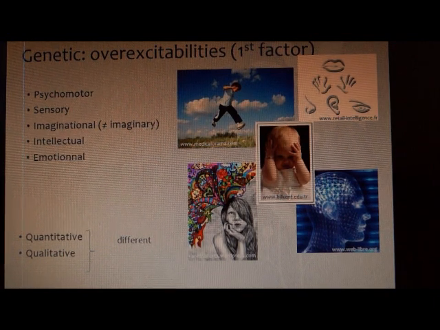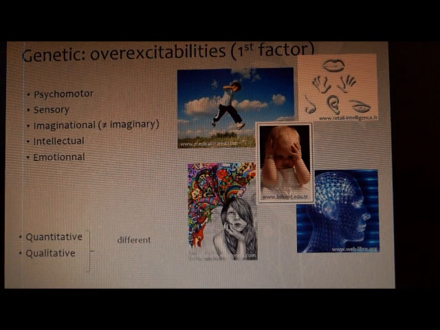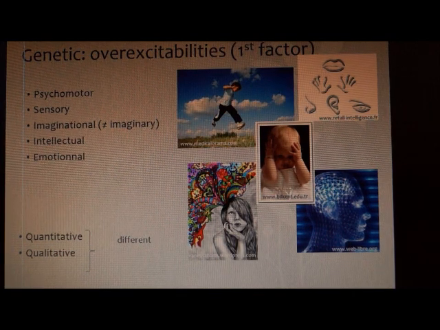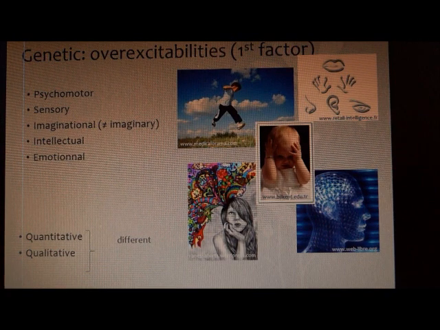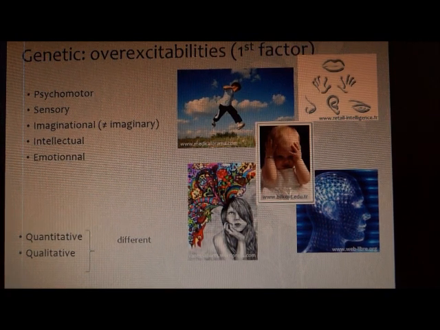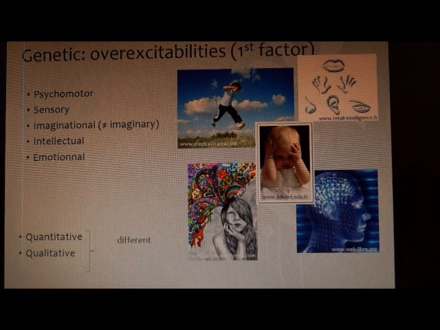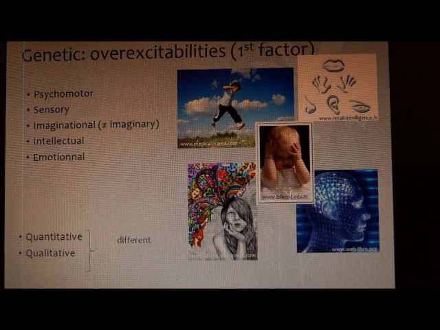And the last one is the emotional overexcitability, which is for people that are sensitive, maybe over an average level of sensitivity on the emotional level. All these five overexcitabilities give the person who has them an experience that is quantitatively and qualitatively different to others.